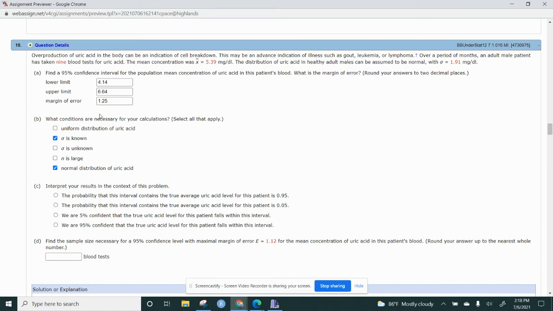Okay, so what does this lower and upper limit mean to me? It means that I am 95% confident that the true uric acid level will fall between 4.14 and 6.64 milligrams per deciliter.